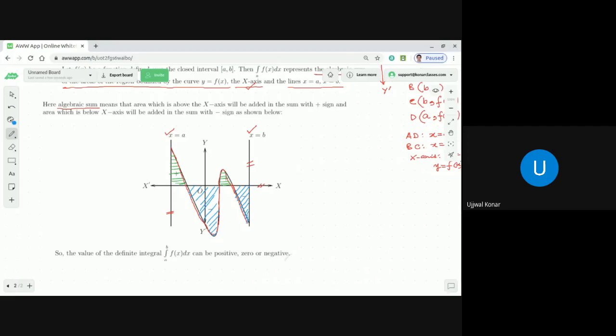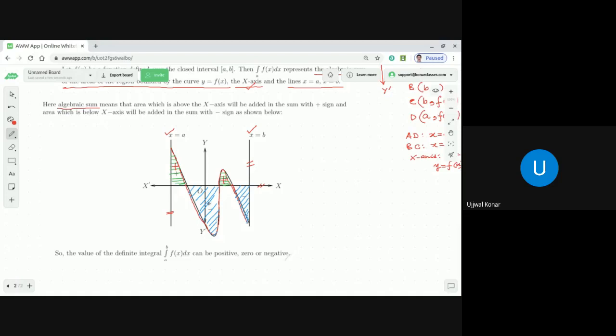So now the regions which are above the x-axis will be added, that means the regions I marked in green with the positive sign. This will be plus, this will be plus. And below the x-axis, that will be added with a negative sign.